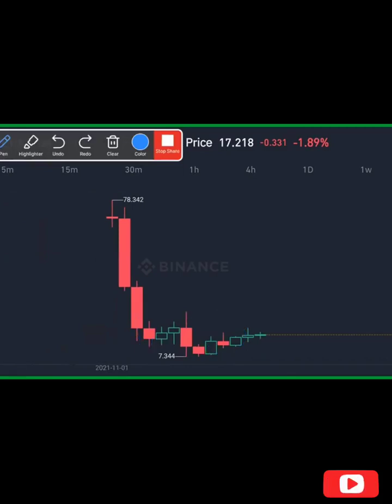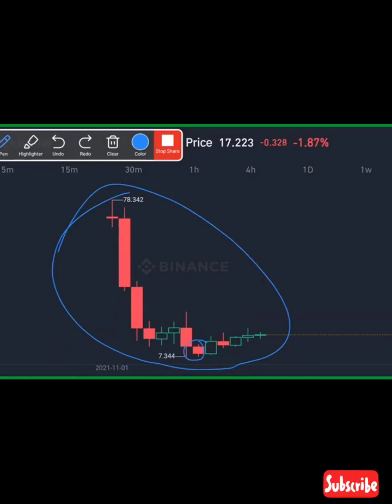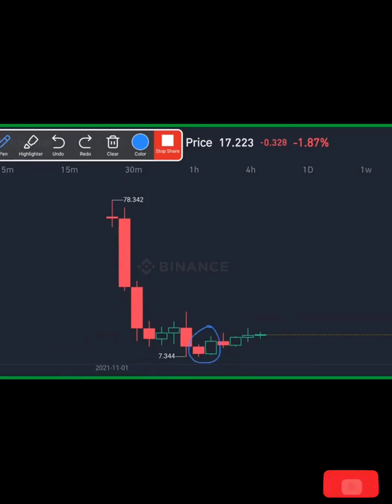This guy just tells me that there might be a reversal, because in the first place I have a doji here, and suddenly look at a bullish engulfing pattern here. Look at this red candle engulfing, covering this red candle.